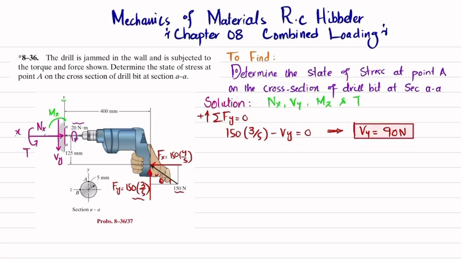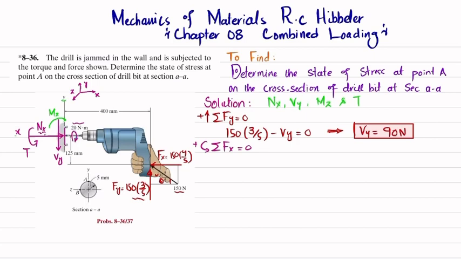Now we'll find the horizontal normal force Nx by using the equation of equilibrium. Nx is positive. We take positive x in this direction, y in this direction, and z in this direction. You can choose your own.